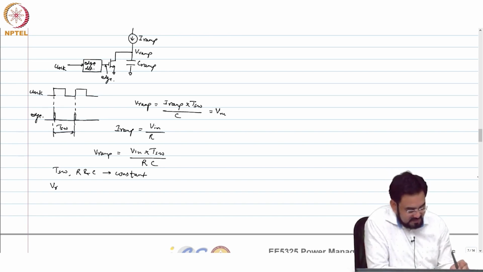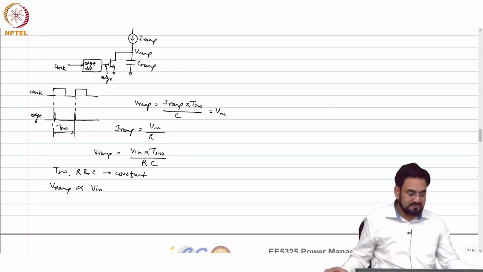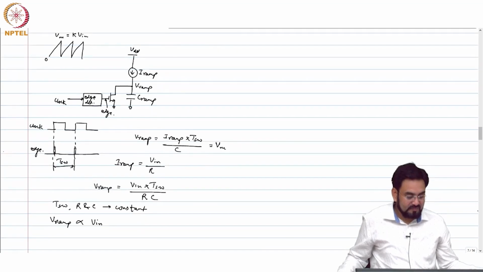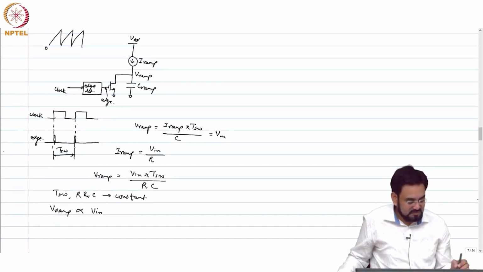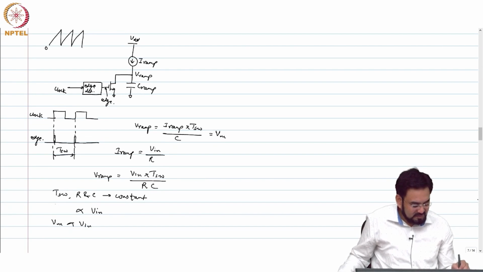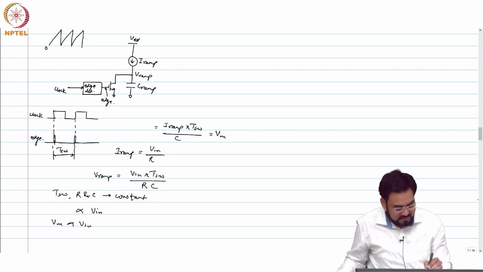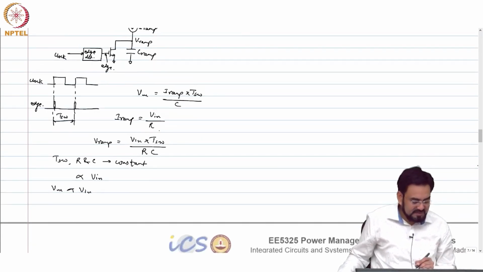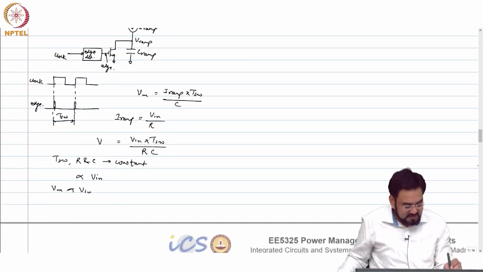So V ramp is proportional to V in, or Vm is proportional to V in. This is the amplitude, and V ramp is the actual ramp signal.